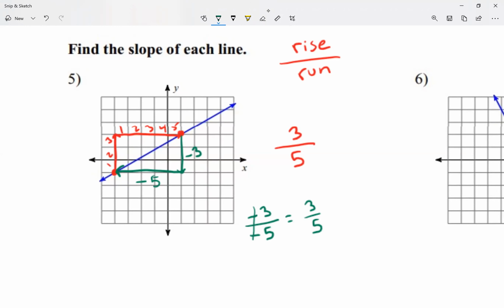So it doesn't matter on which point you start from. If my numbers are both positive, then my fraction is positive. If my values, both of them are negative, the negative signs will cancel out. So my answer will still be positive. Now, if one of my values is negative, it doesn't matter if the negative value is the top number or the bottom number.